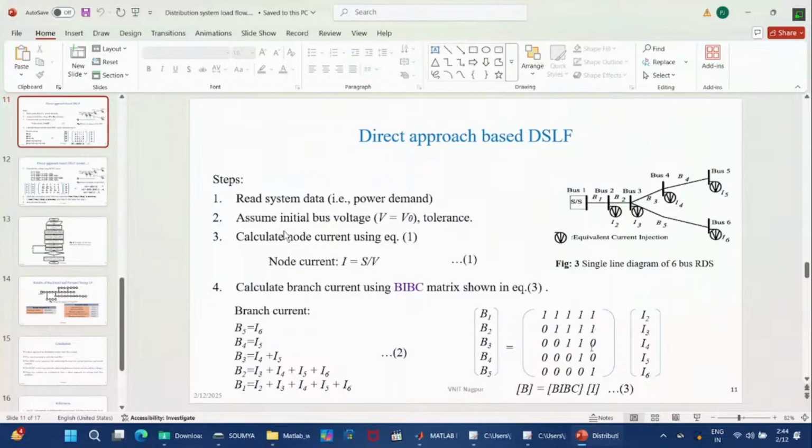When we calculate the branch current 1, it is connected with all of the nodes, and if we go to any dead end side, B4 or B5, it is connected with only the bus connected over there. So we have to make some calculation.